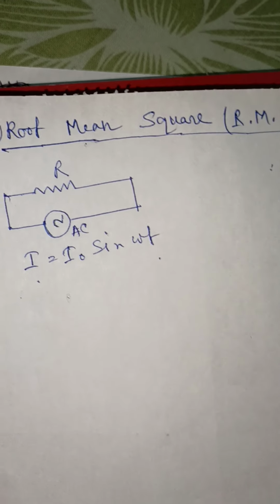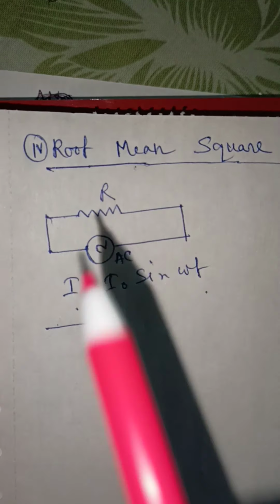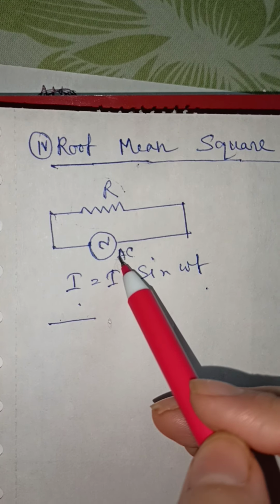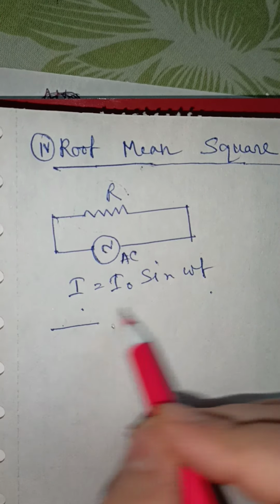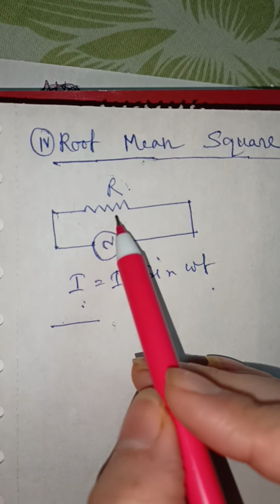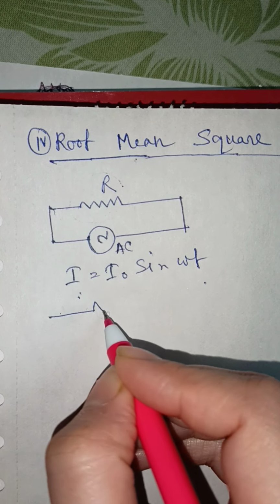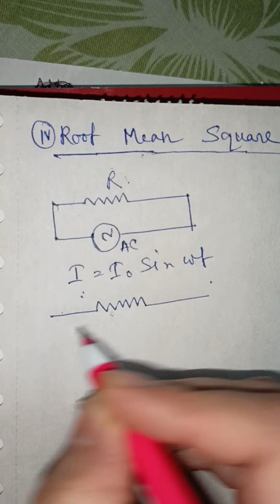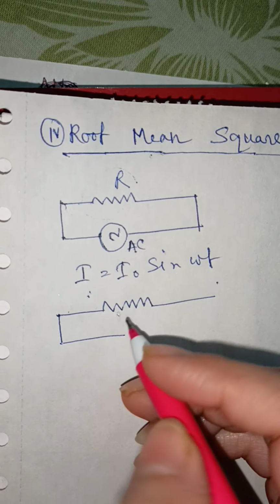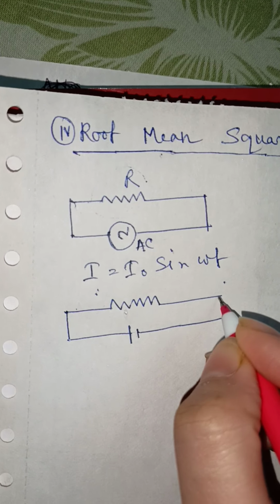Here I'm connecting this resistance with the AC source whose current equation is this, and then I connect this same resistance, replacing this AC source by a DC source. First we connect this resistance with the AC source, and then we connect it with the DC source.